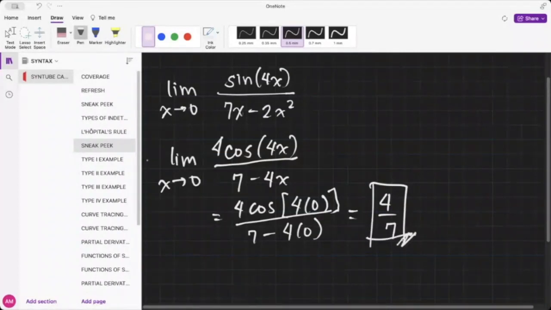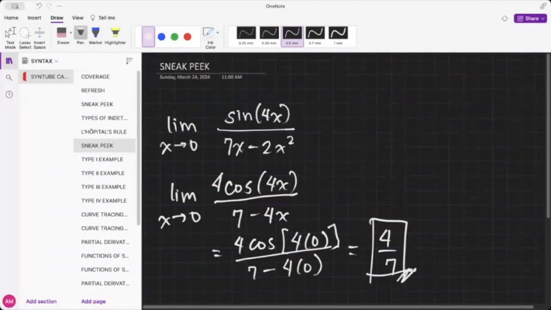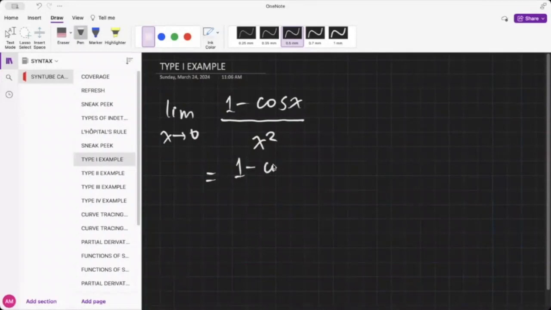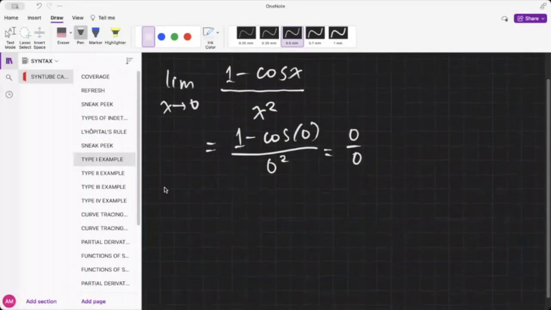So, di ba ang galing? Na-compute natin yung limit using L'Hopital's rule. Let's try another one. So, if we evaluate this, it will be 1 minus cosine of 0 over 0 squared, which is just 0 over 0. 0 over 0 siya, so we can apply L'Hopital's rule.